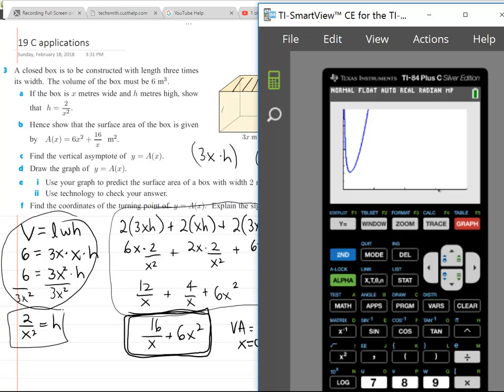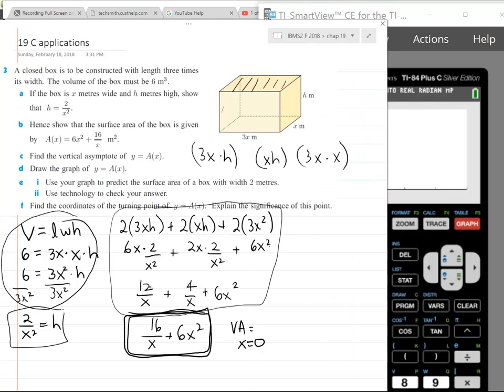So we're supposed to use the graph to predict the surface area with a box of width 2 meters. Here's what they were saying about how to estimate it. If you think the width is 2, you can put in 2 there and you get about 6, and put in 2 there, you get an estimate. All right, so now we're using technology to check our answer.